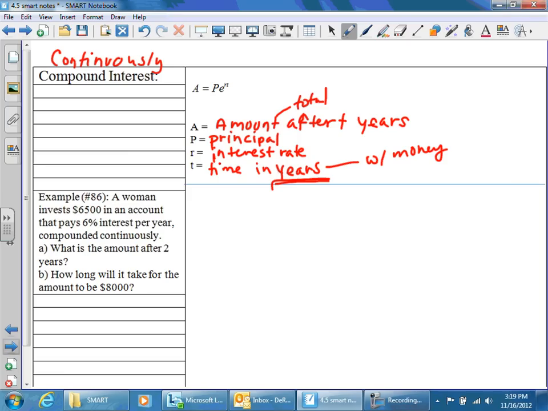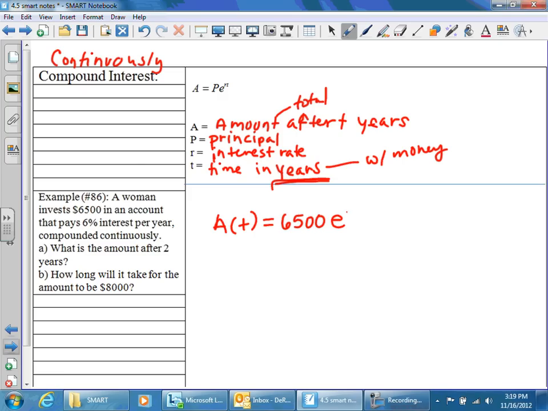So a woman invests $6,500 into an account that pays 6% interest per year compounded continuously. What is the amount after 2 years? So let's first set up our equation. So the amount that she first invests is the $6,500. Since it's continuously, I'm going to use the E formula.